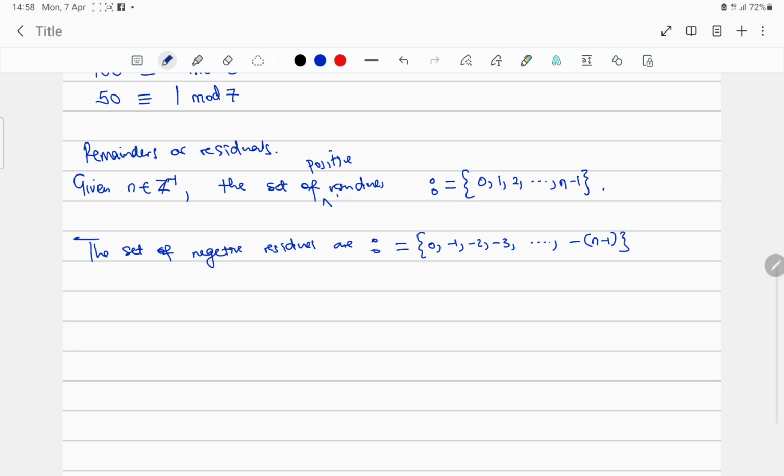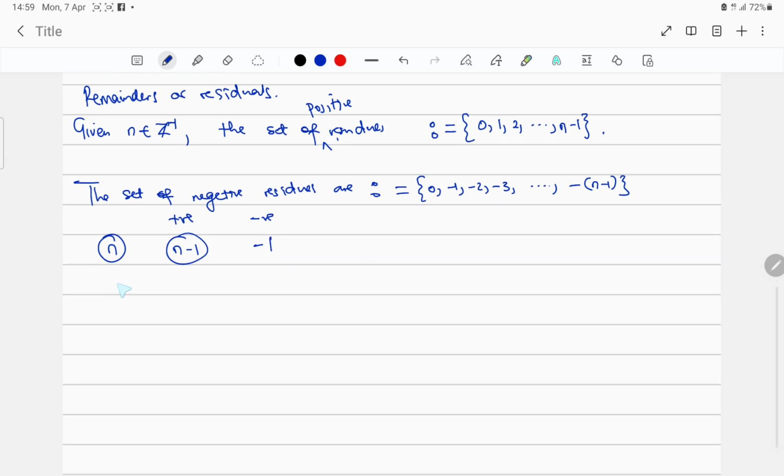How do we retrieve these negative residues? For any given positive integer n, if we divide and find a positive remainder of n minus 1, the corresponding negative remainder would be minus 1.